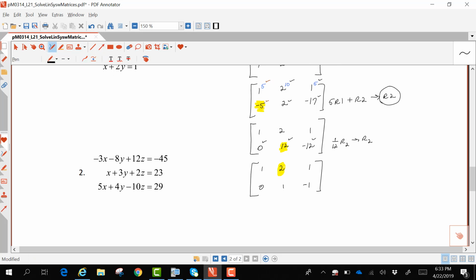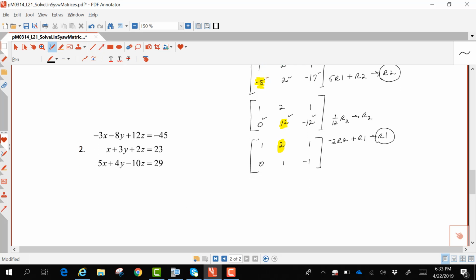To make the 2 a 0, I need to subtract 2 from it. So I'm going to take -2 times row 2, add it to row 1, and put those results back in row 1. So ultimately, row 1 is changing. I'm going to change my pen color and multiply -2 times row 2. -2 times 0 is 0, -2 times 1 is -2, and -2 times -1 is +2.